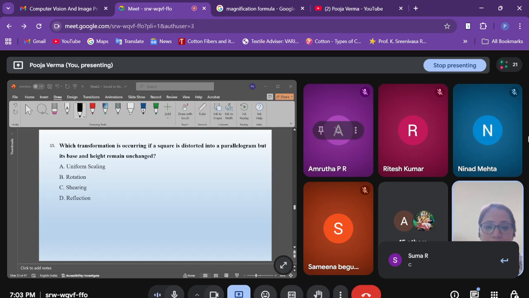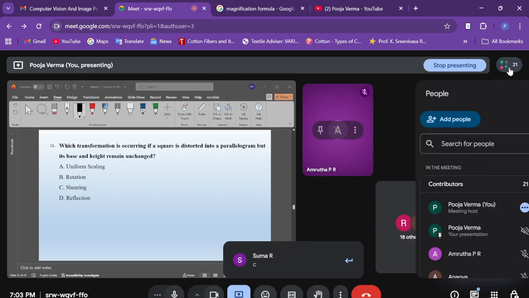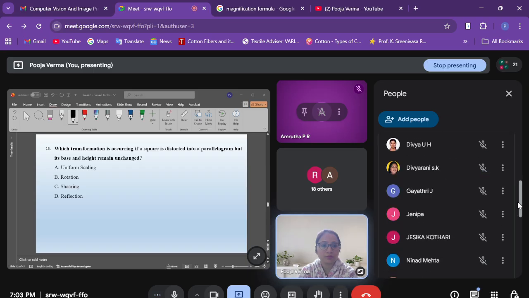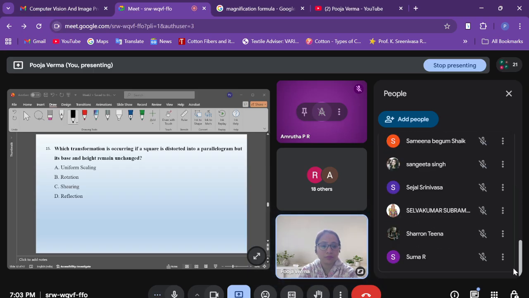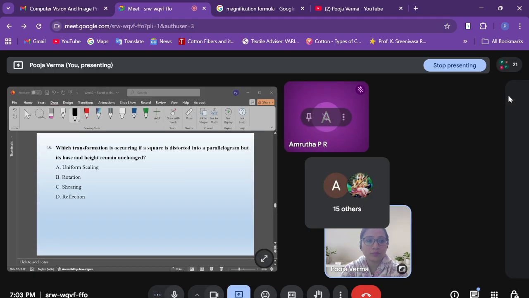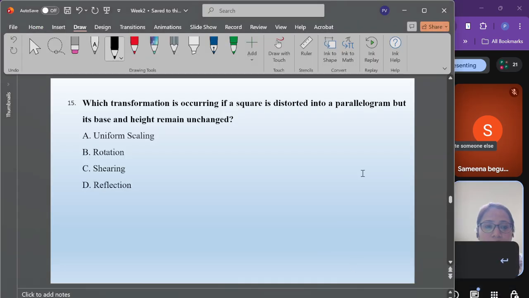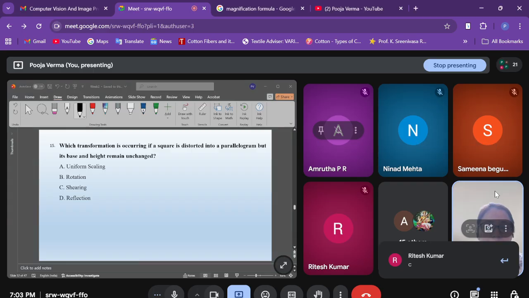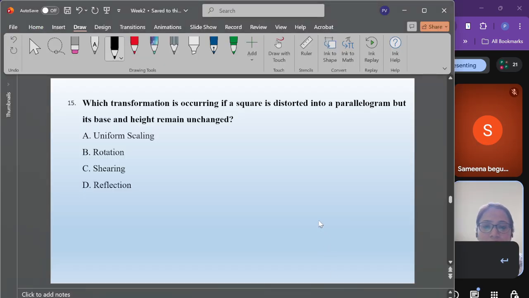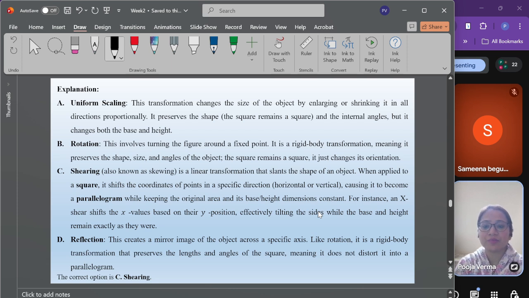Okay, so option C, most of you are saying that. Okay, so let's see the solution. Yes, shearing is the correct answer for this question, but we will see exactly what the other options are.